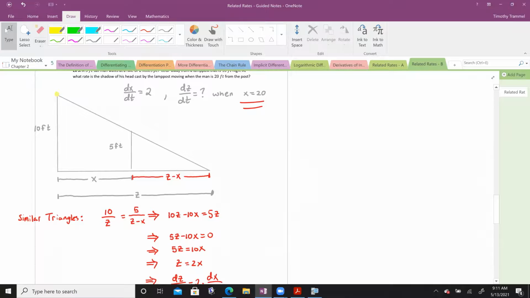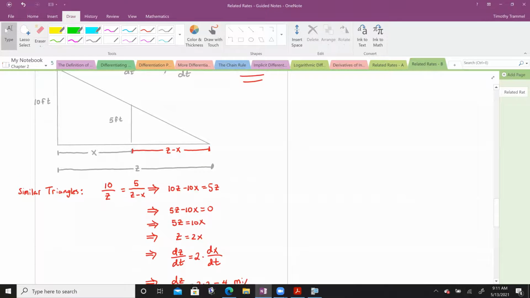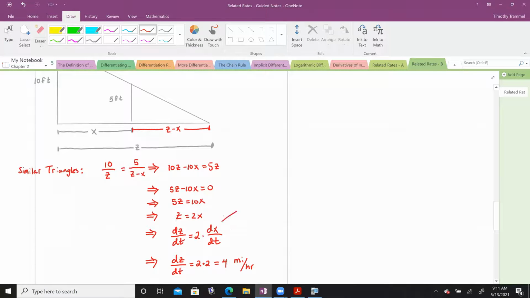In fact, the only thing that it depends on is how fast the person's moving. Which is another way of wording what I said first, which is that the rate at which this shadow is moving is the same no matter actually where this person is.